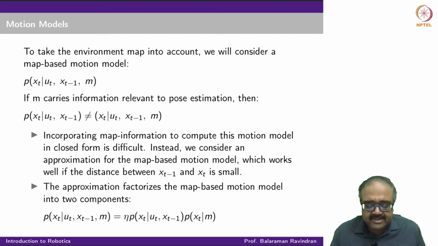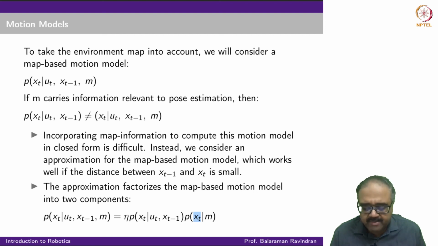In such cases, I can approximate this probability by two things. I can look at the original motion model like I had earlier, which is probability of xt given ut and xt minus 1, and some kind of a validity model. So what is the probability that xt is a valid pose, given that I'm operating in a map m?